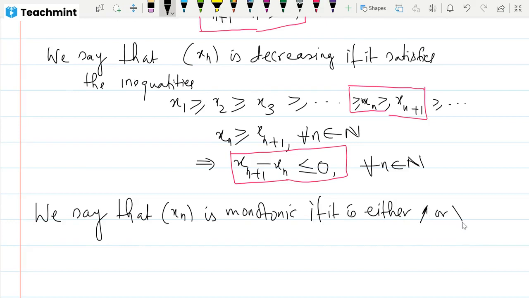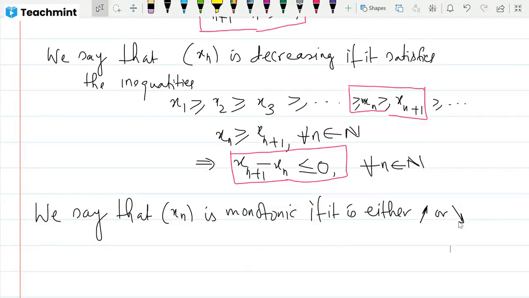These are the notations for increasingness and decreasingness, right? We say xn is monotonic when it is either an increasing sequence or a decreasing sequence. Only one kind of sequence can be both at once, the constant sequence. If it is both increasing and decreasing, then it is a constant sequence.